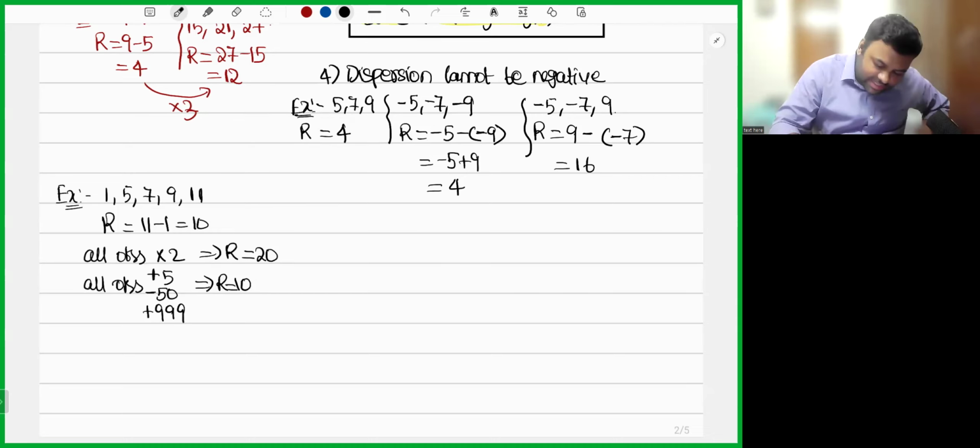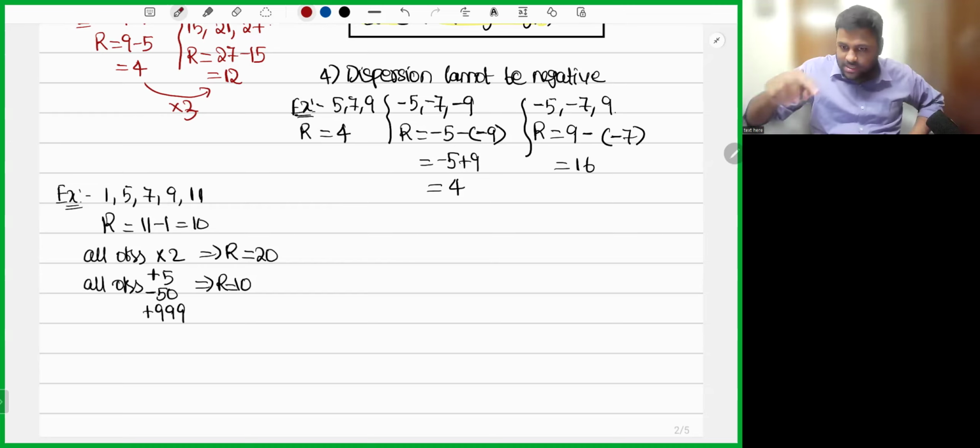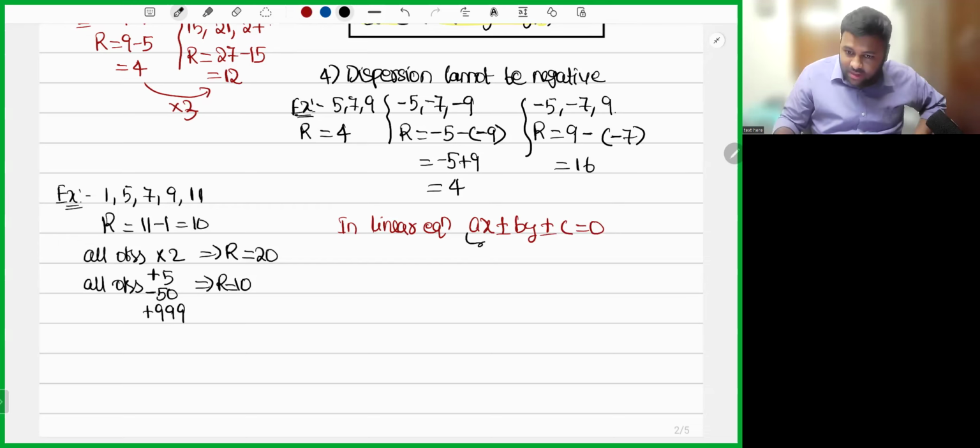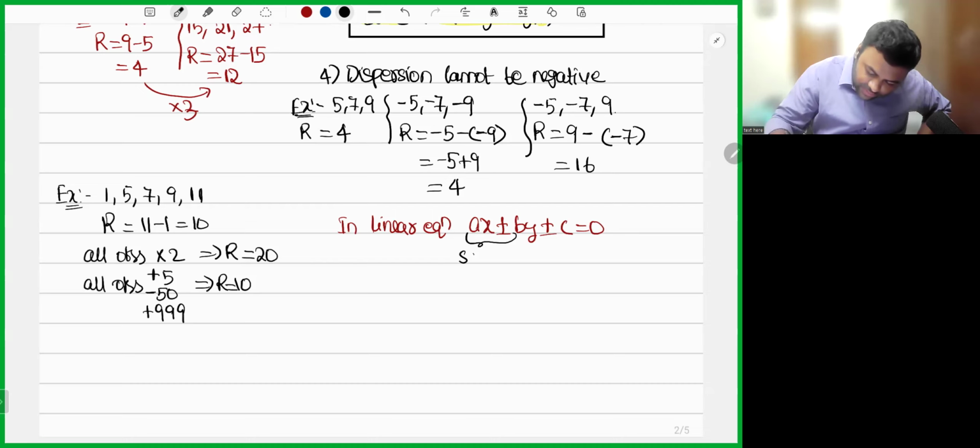Now, if you remember in yesterday's class, no, not yesterday, day 4 class, I told you this. In a linear equation ax plus or minus by plus or minus c equals 0, this a and b are getting multiplied with x and y. So I said they are scale.